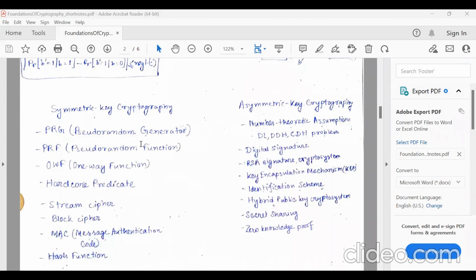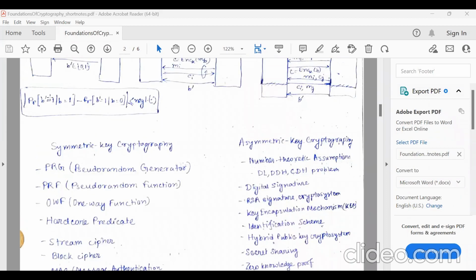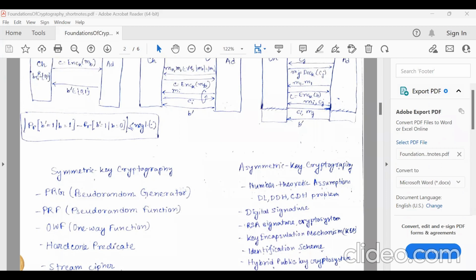Okay. And also this notation: probability of b dash equal to 1 given b equal to 1, minus probability of b dash equal to 1 given b equal to 0, this should be negligible. That is, whatever the challenge ciphertext is encrypting inside it, be it M0 or M1, that is, b is 1 or 0, irrespective of that, the adversary's output b dash, which is the guessing bit, should be 1 with almost similar probability.